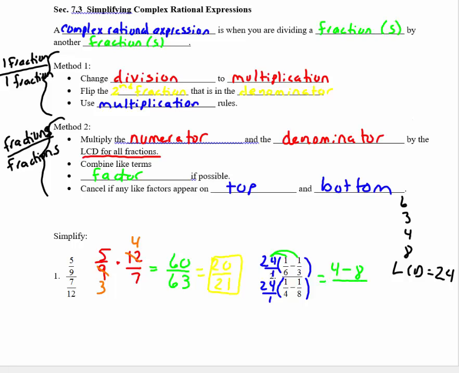In the denominator, 24 times 1 is 24, but divided by 4 is 6. And 24 times 1 is 24, but divided by 8 is 3. So we end up with 4 minus 8 all over 6 minus 3, which gives us a negative 4 over 3. And that's how we use method 2.